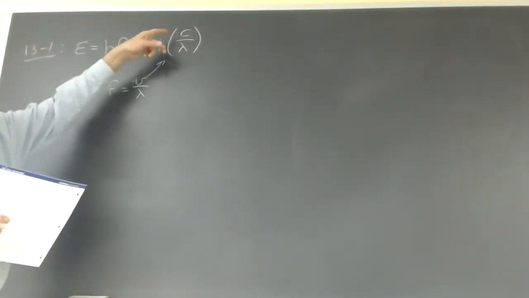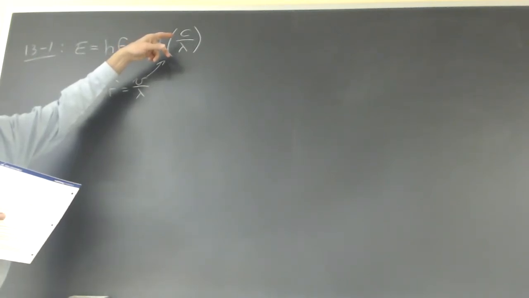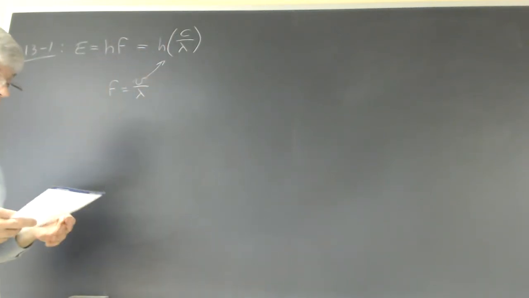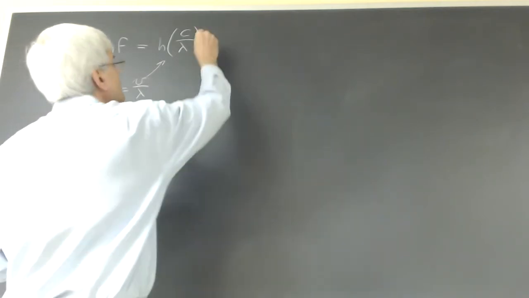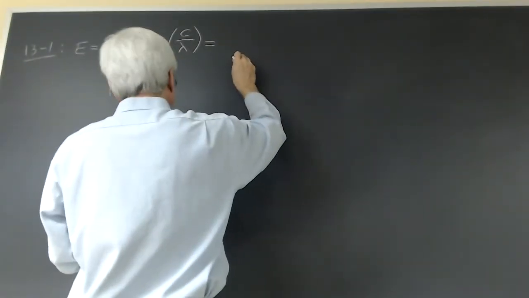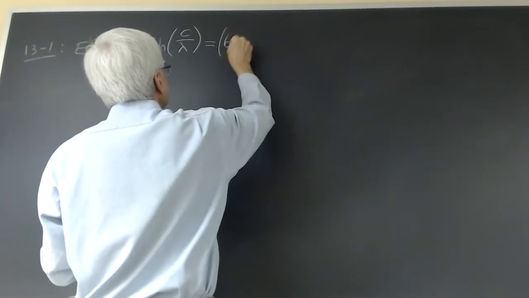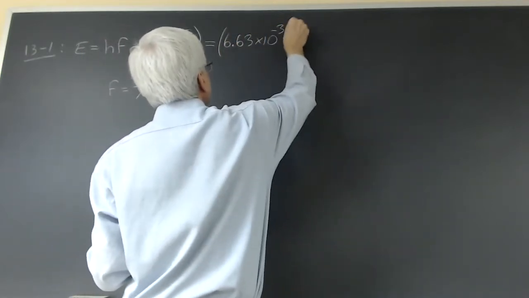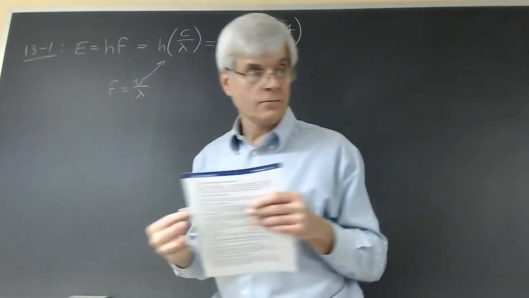The speed of light in a vacuum is usually represented by the letter c. Letter v is usually used for other speeds. And then fill in the numbers. Planck's constant. I think on your formula sheet, I took it one more decimal place.